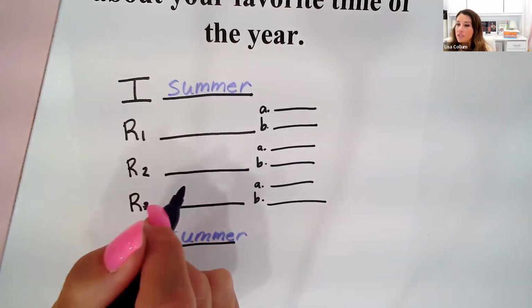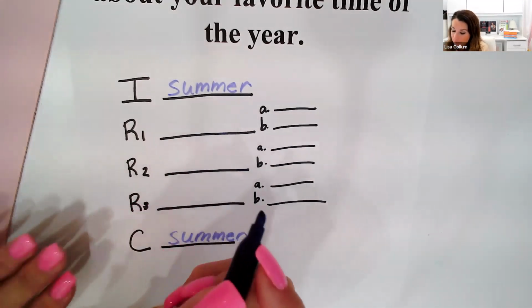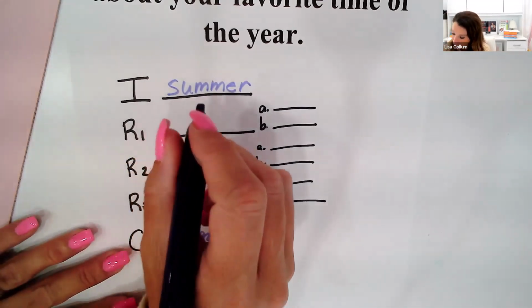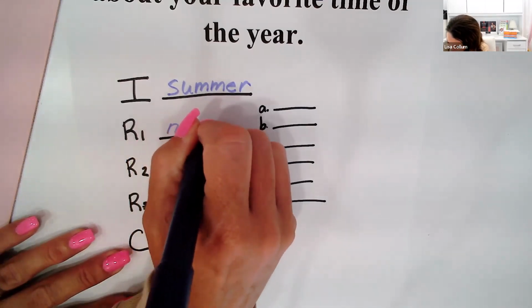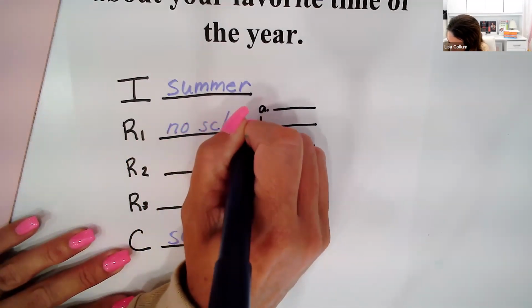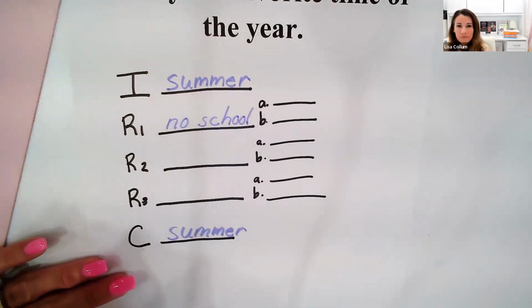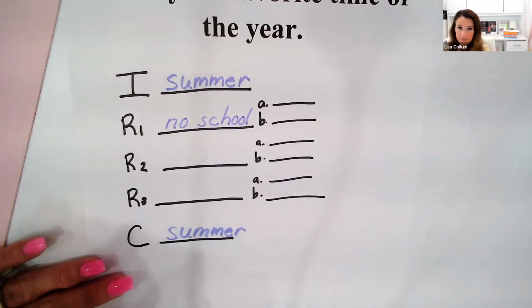I'm going to say my first reason that I love summer is because there's no school. So go ahead and write no school on R1. That's our first reason why we love summer.